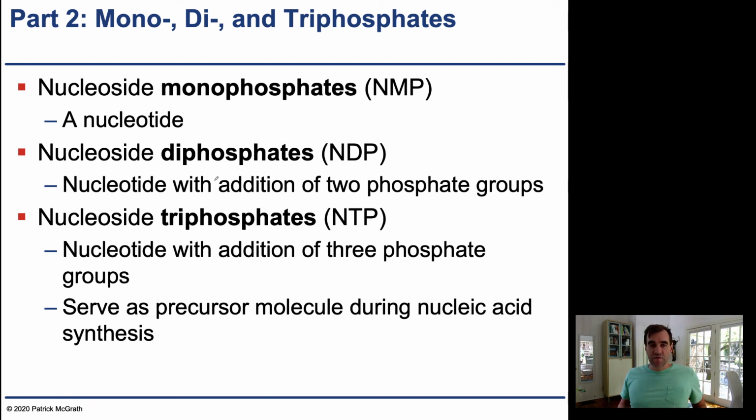There are also different forms of nucleosides that have the monophosphate, diphosphate, or a triphosphate added to it. So a nucleotide is a nucleoside monophosphate, but you can also add an additional phosphate group. If you had two phosphate groups, it would be a diphosphate, and a nucleoside triphosphate would have three phosphate groups.